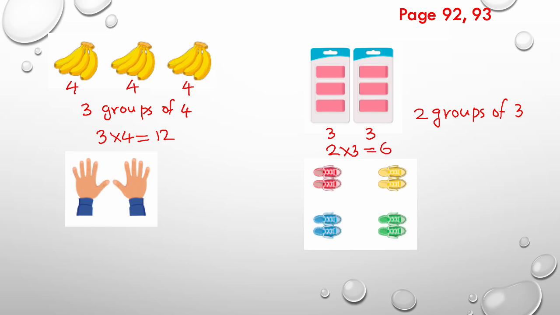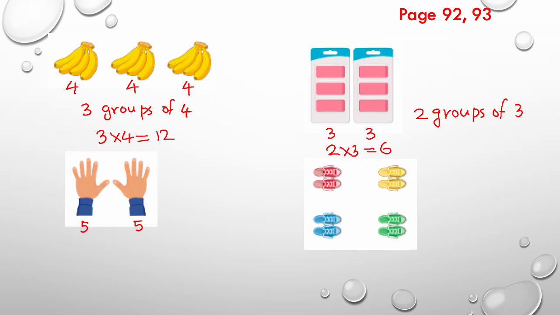Now look at the fingers here. In a hand you can see 5 fingers. You can see 5 fingers here, 5 fingers. How many times 5? Two times 5.